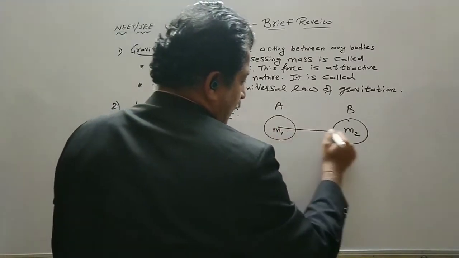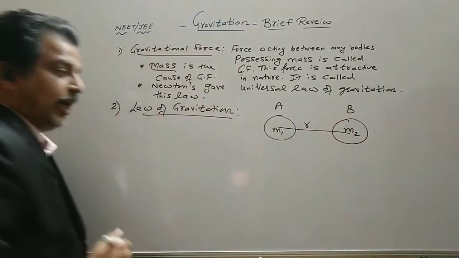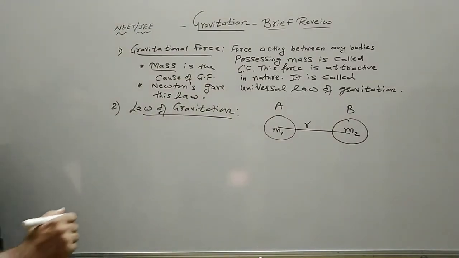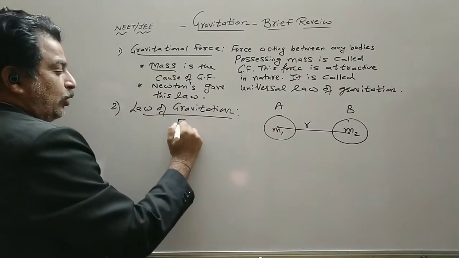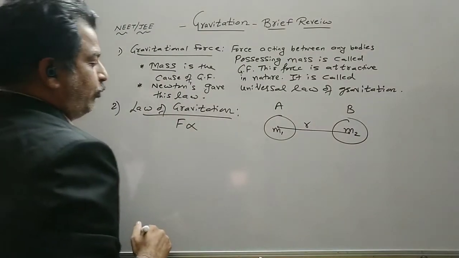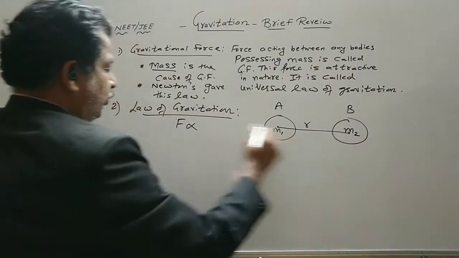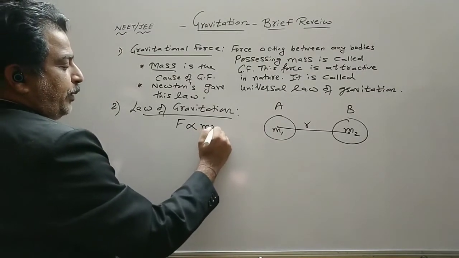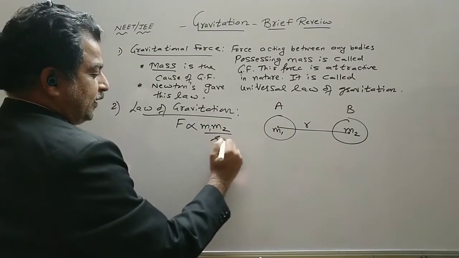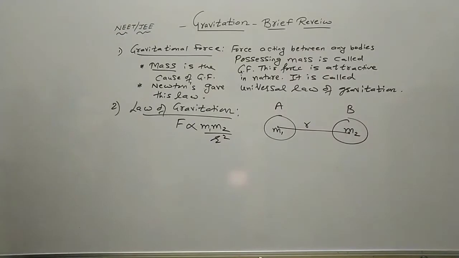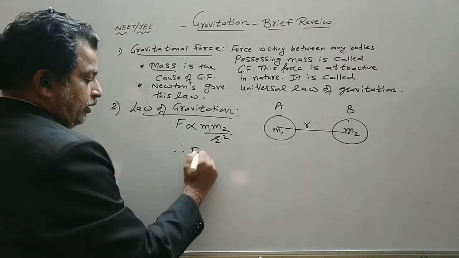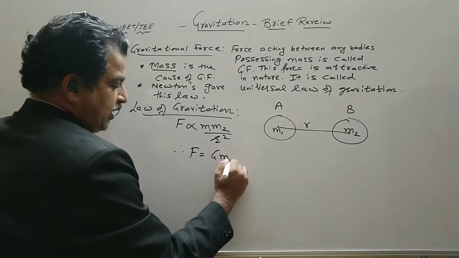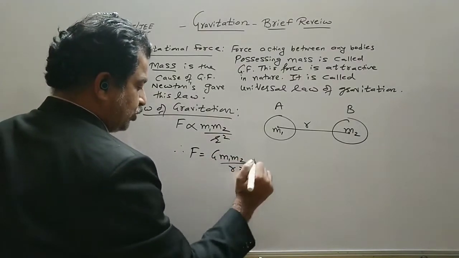Both the bodies are separated by a distance small r, where r is the distance from center to center. So according to Newton, the force of attraction between these two bodies is directly proportional to the product of their masses and inversely proportional to the square of distance. Therefore, this force is equal to G m1 m2 upon r square.